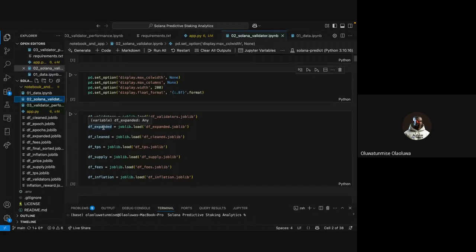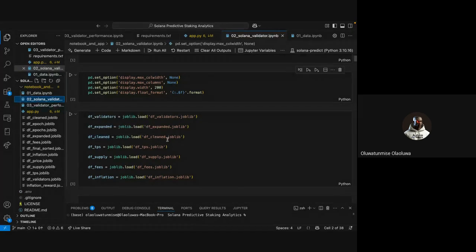The epoch is the amount of time it takes for a vote within the validators space to be counted. Validators have to vote every 2 days, and that 2 day interval is what we call the epoch. So their voting starts at the end of every 2 days. This one contains it.